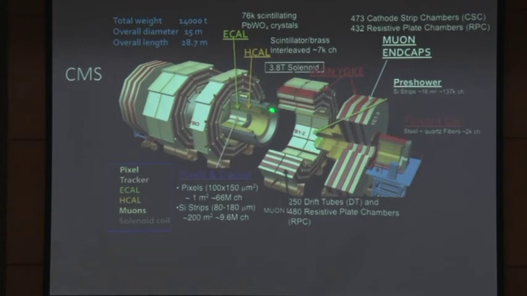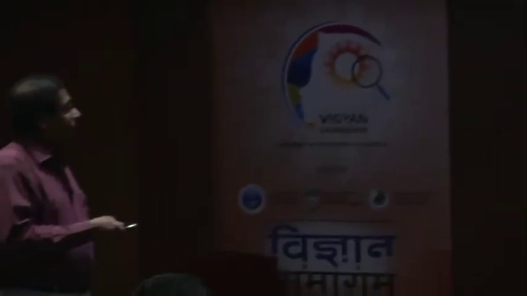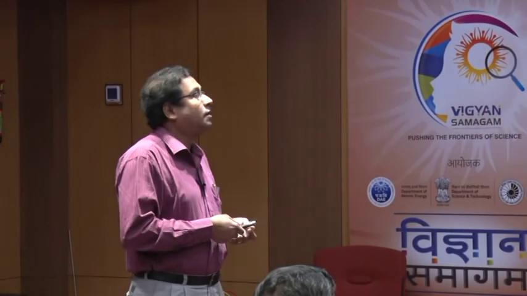Then you have the HCAL, the hadronic calorimeter. The tracker is not a destructive instrument, in the sense that you just measure the particle energy and the particle momentum. But both the calorimeters, you remember from even your high school lessons, always absorb the energy, and you measure the total energy.